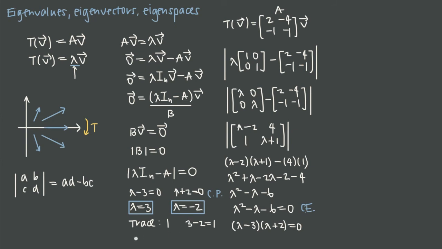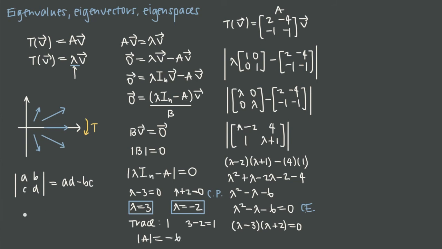The other thing is that the determinant of the matrix A should always be equal to the product of the eigenvalues. So by that rule, we would say that the determinant of A should be 3 times a negative 2, or negative 6. So let's check it here.